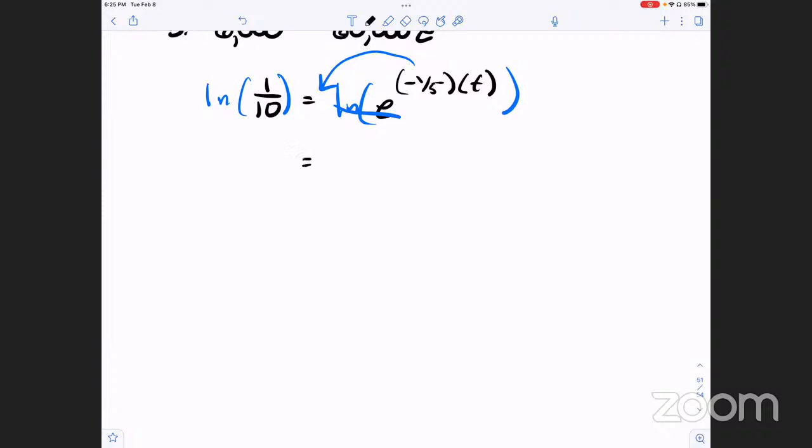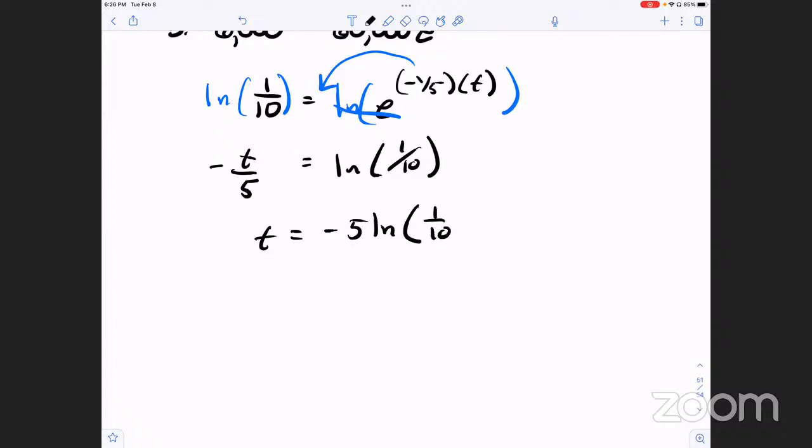We'll get negative t over 5 equals the natural log of 1/10. So to solve for t, long story short, multiply both sides by negative 5. So then we're going to get negative 5 times the natural log of 1/10.